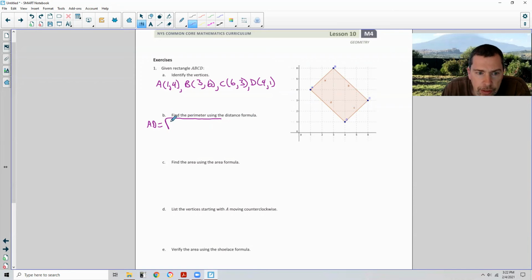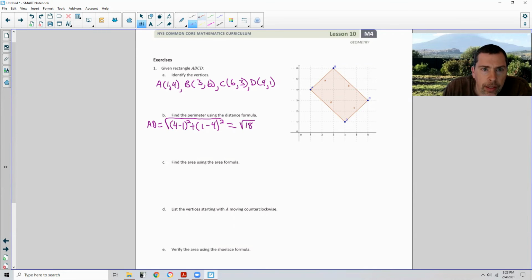So if we do AD, x2 minus x1, 4 minus 1 squared, plus y from D minus y from A, 1 minus 4 squared, equals 4 minus 1 is 3, 1 minus 4 is negative 3, 3 squared is 9, negative 3 squared is 9, 9 plus 9 is 18, that is the square root of 18.